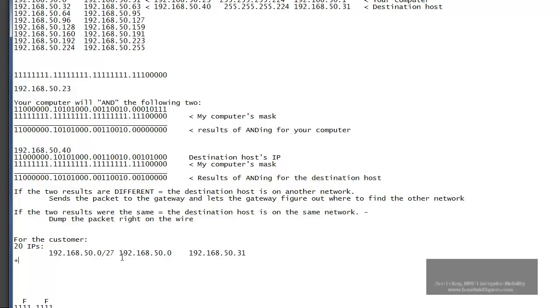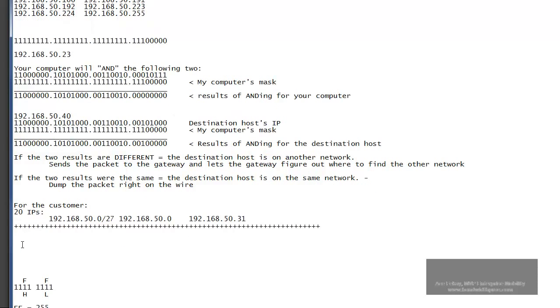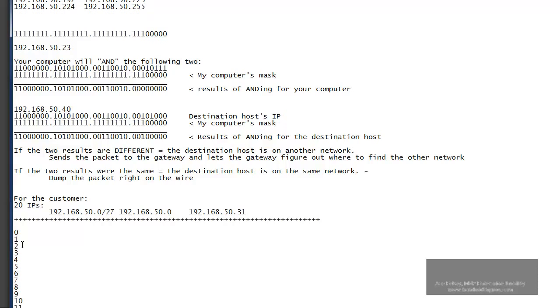All right, that said, let me go over this hex thing. This is the way you could relate hex to IPs. Hex literally is 0, 1, 2, 3, 4, 5, 6, 7, 8, 9, 10.